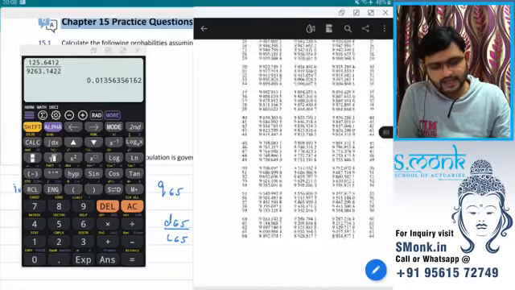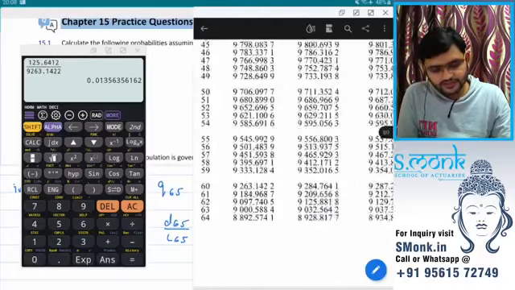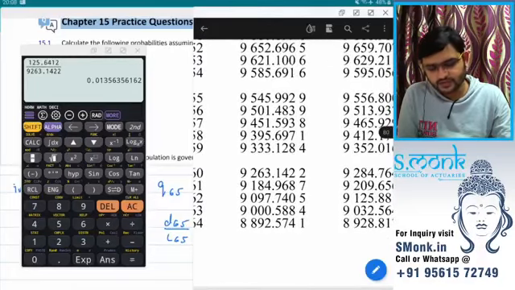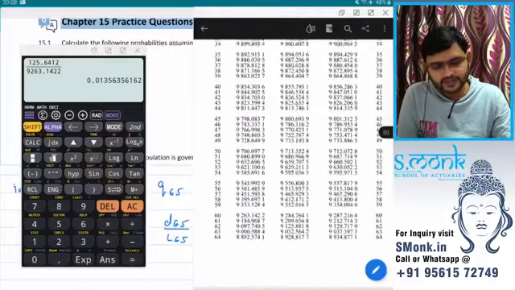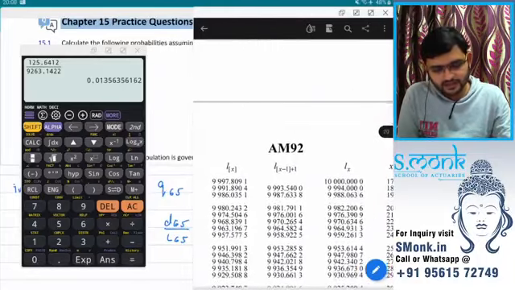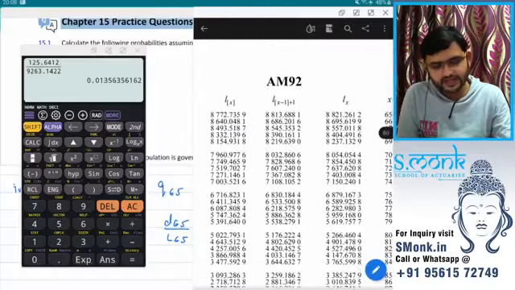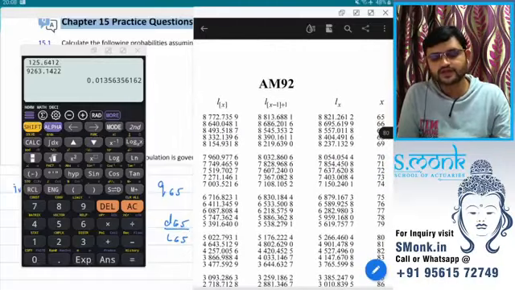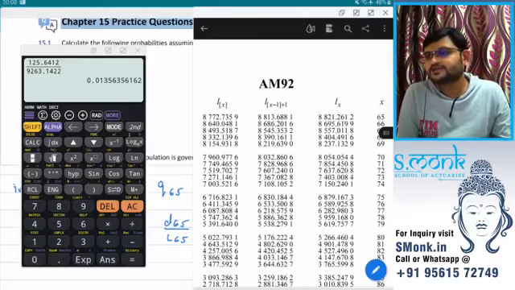You can see at any age, if you see the selected L value, let's say at age 65, if you see all the three values, L select 65 will be higher.